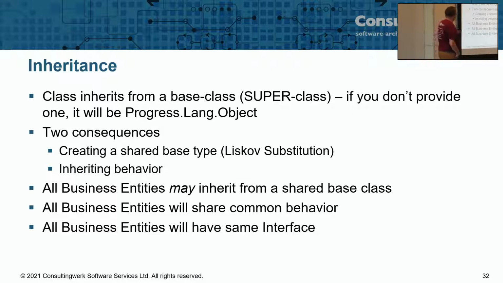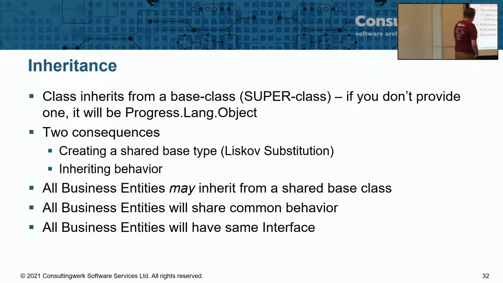Inheritance is done using the inherits keyword in the language. If you don't use the inherits, there's always a base class, so the compiler will then replace the lack of an inherit statement with inheriting from progress.lang.object. So every object is a child of progress.lang.object.